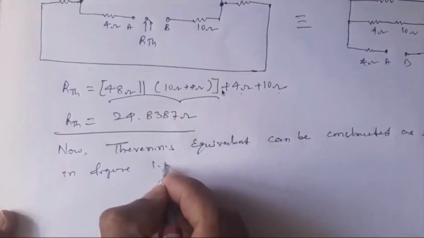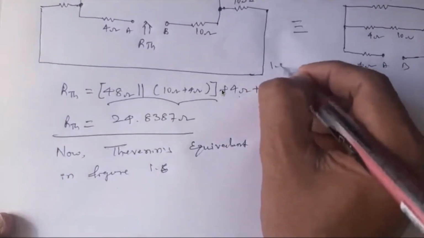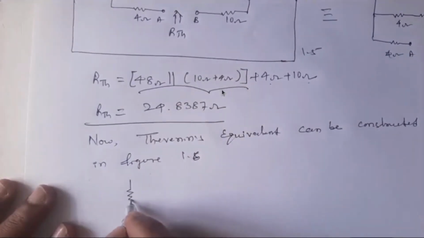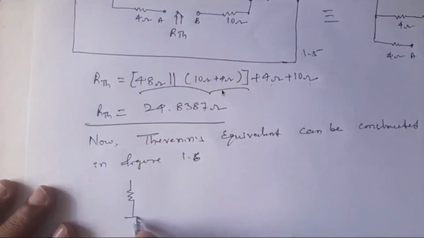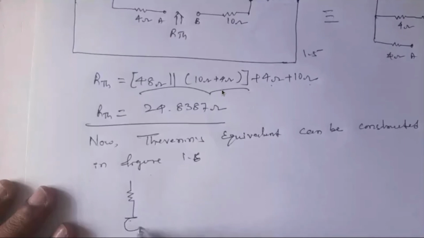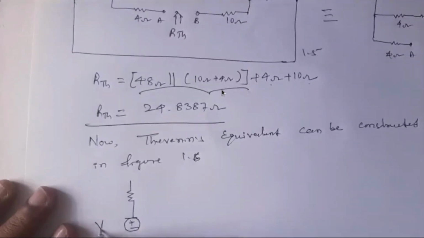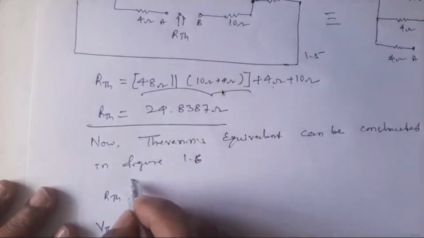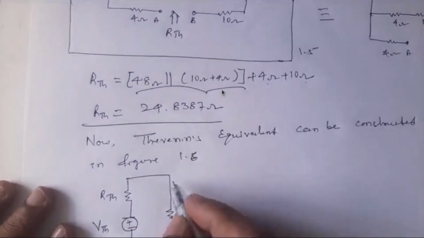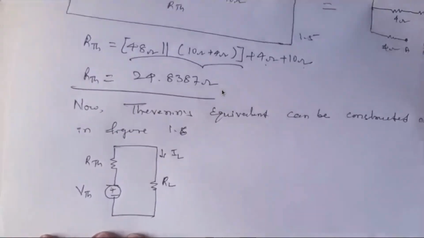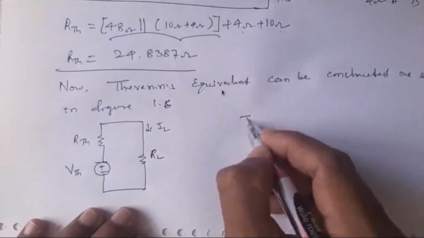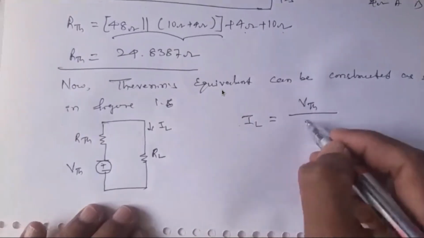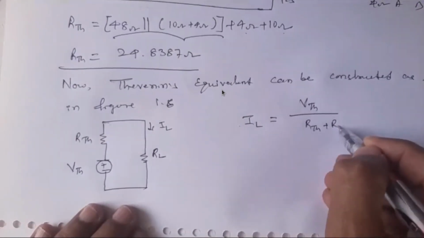Once you find RTH and VTH, the equivalent can be constructed as shown in figure 1.6. You have RTH and you will get VTH, represented like this, plus and minus VTH. This is RTH, and here you will get RL, and current through this is IL. So directly you can write IL is equal to VTH divided by RTH plus RL.